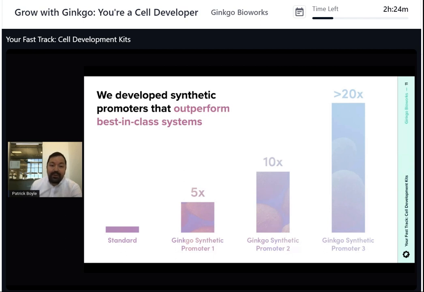So rather than develop a single promoter system, we developed pretty complex libraries enabled by machine learning to develop a whole range of different promoters, with our best promoters in industrial processes showing performance more than 20x better than our reference standard for this type of system. Again, with options including and not including methanol.